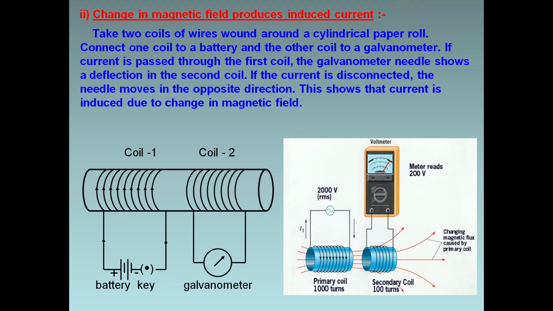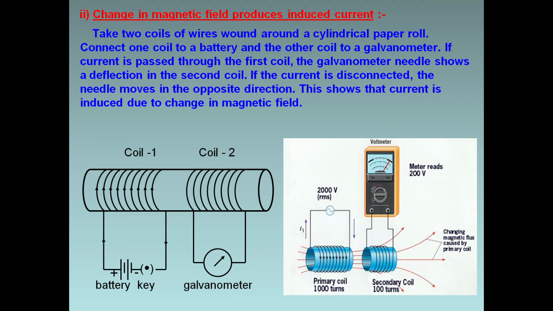Now this first coil is connected with a battery with the help of a key. And second coil, coil 2, that is secondary coil, is connected with galvanometer. When current is passed through the first coil, then this galvanometer needle shows a deflection in the second coil. And if current is switched off, even then the deflection in the galvanometer is shown, but now the deflection is in opposite direction.